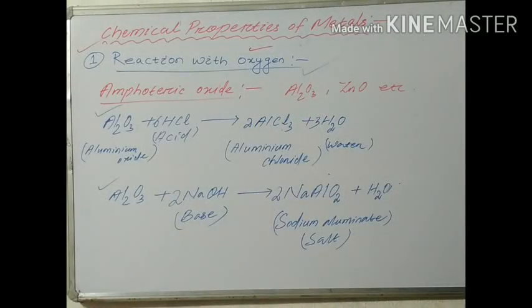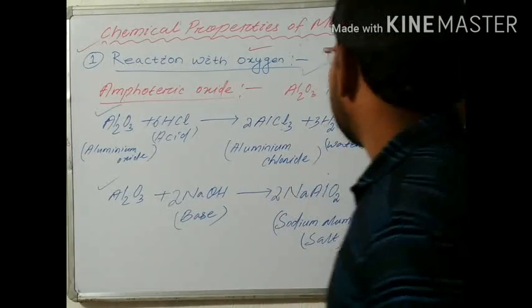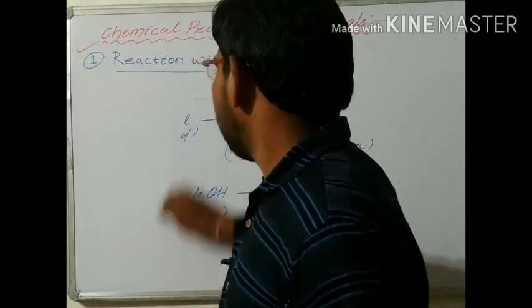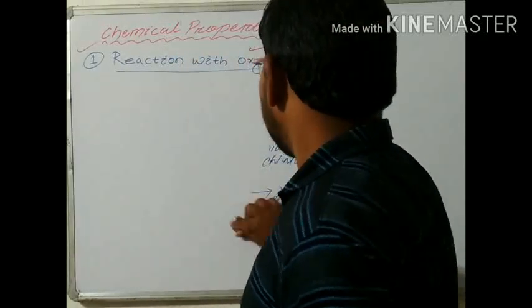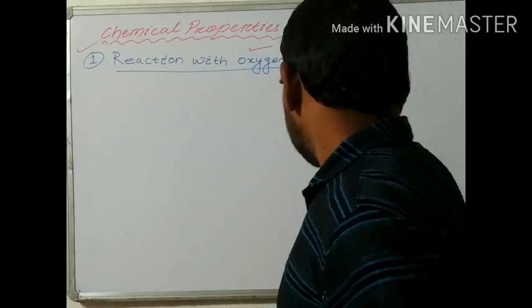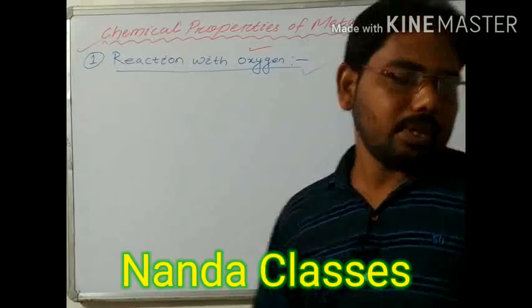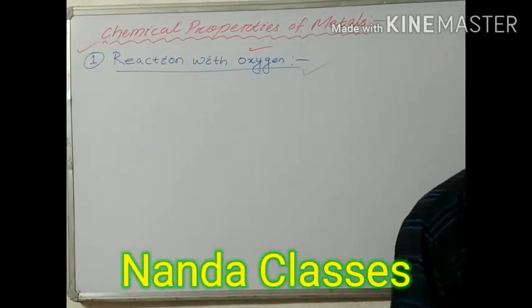Some metallic oxides are insoluble in water, and some metallic oxides dissolve in water and form alkali.